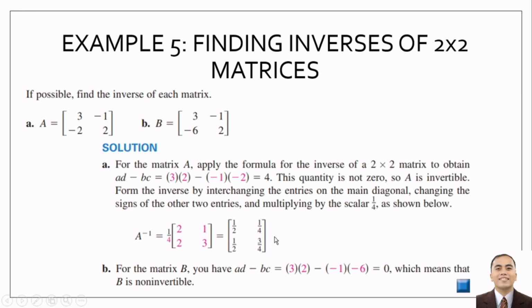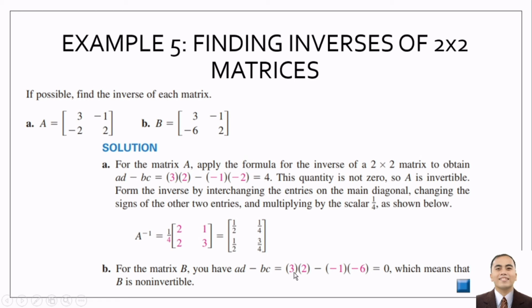Okay, for matrix B, you have A times D minus B times C is equal to, so what is our A? We have 3. What is our D? We have 2, minus, what is our B? Negative 1. And what is our C? Negative 6.